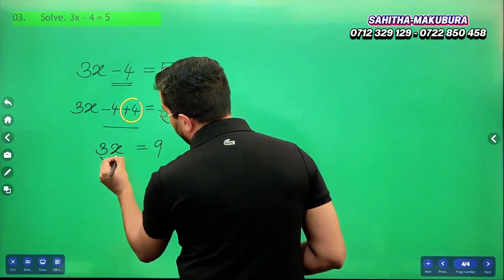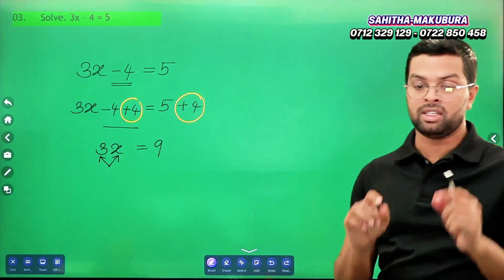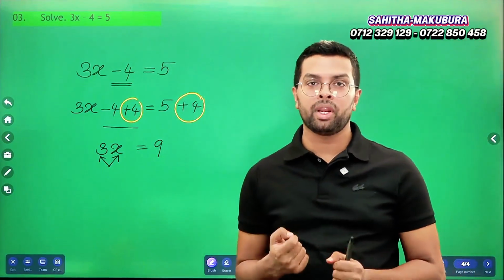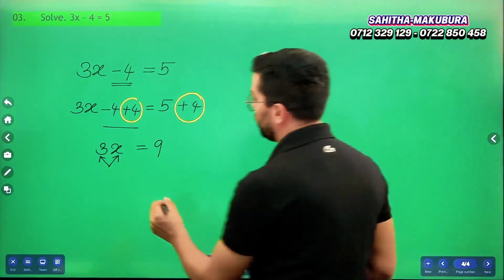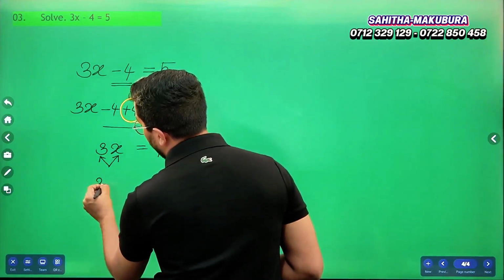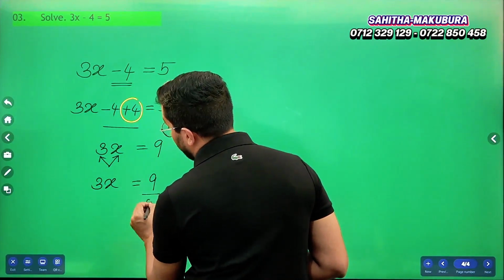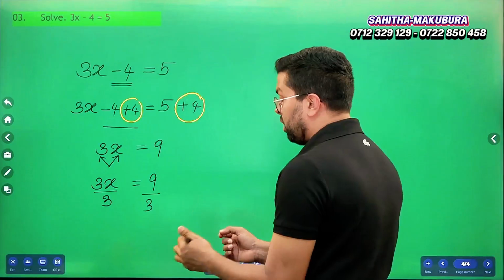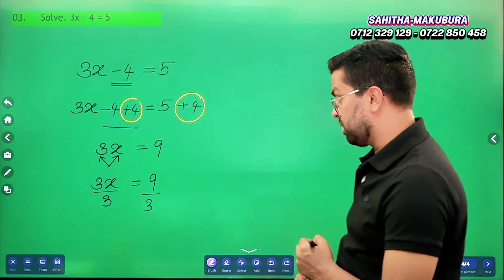The mathematical operation between 3 and x is multiplication, and the opposite operation for multiplication is division. So you have to divide both sides of this equation by 3, because my aim is to remove the number 3 from the left hand side of the equation.